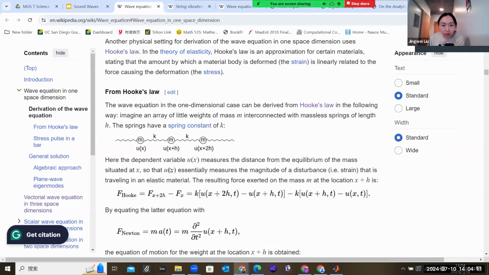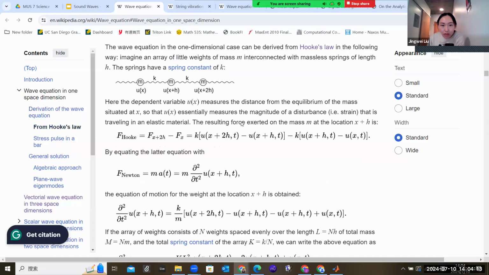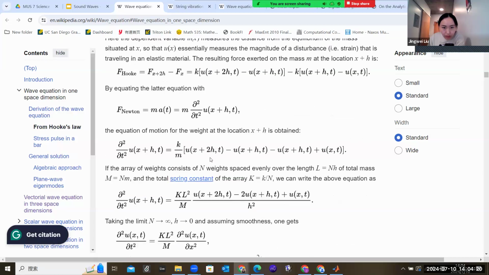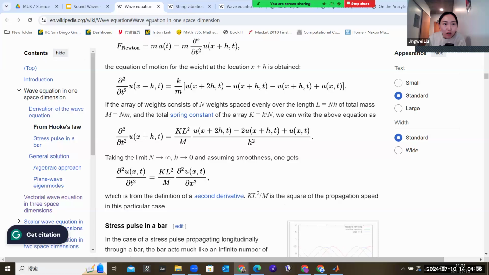Using the formula F equals kx, you can derive this formula, and you do some equation manipulation, and then you can get the expression of the derivative. Because I don't know if you really have the background of derivative calculus and difference equations, I'm not sure how far we should get into this topic.